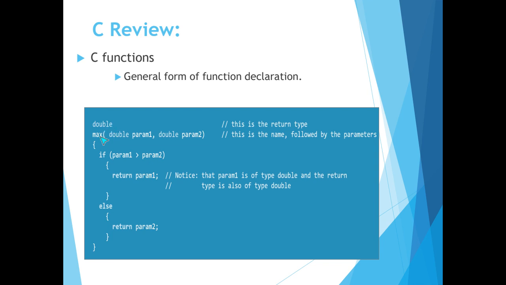After that, we said that we use the name of the function. The name of the function I used is max, for example, and inside the parentheses the parameter list. Again, I called the first parameter param1. You can use any other name for your parameters, and the type of the parameter is double again, and after the comma, the second parameter.